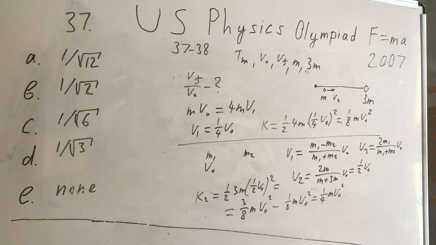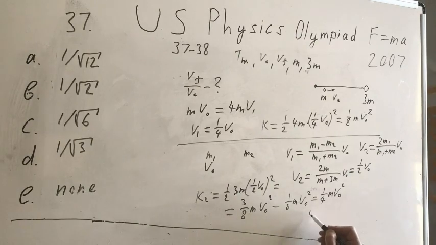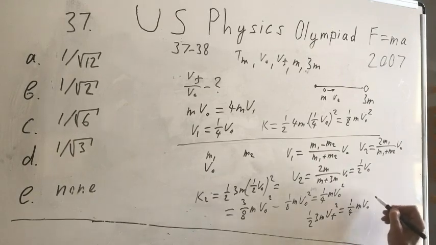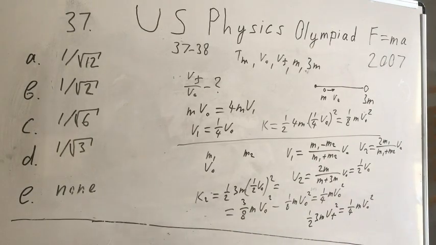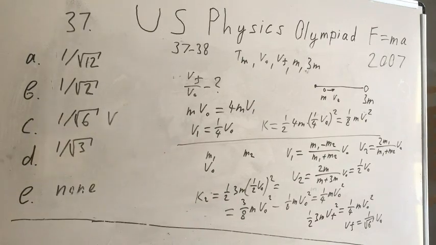And now we can find what is the final speed of this mass. That will be 1/2 times 3m times v final square, which is equal to 1 over 4 m v0 square. So now we see that v final equals 1 over root 6 v0, which is answer C, the correct answer.